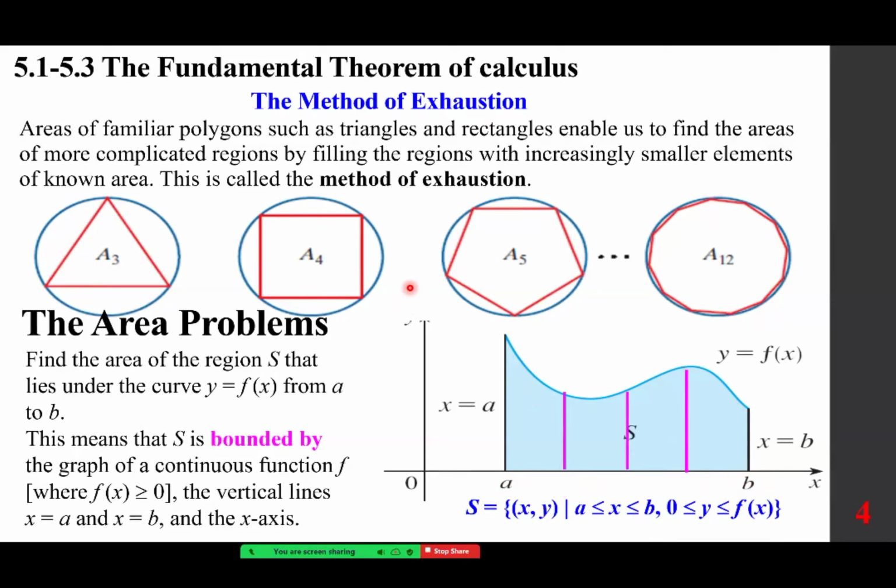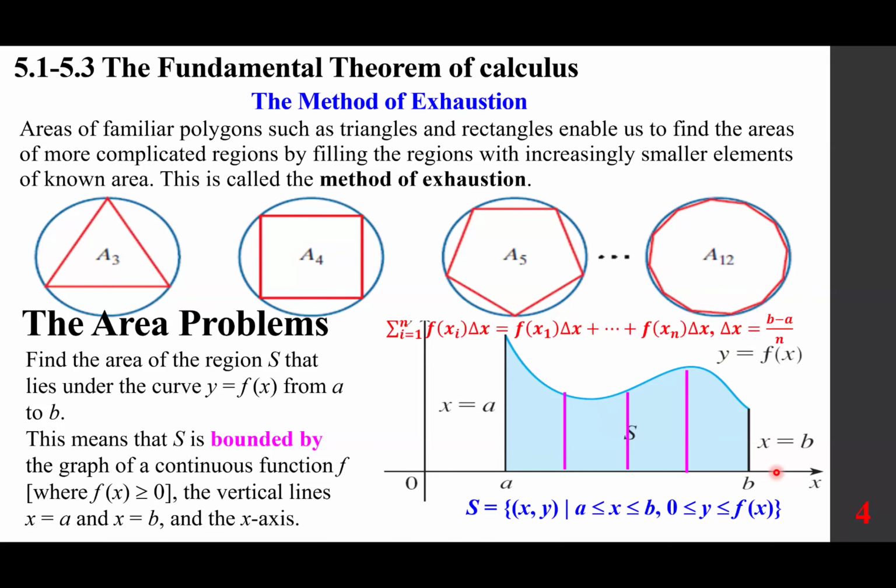For example, if I cut this into 4 pieces, and I want to have equal width because it makes it easier to deal with, this width would be b minus a divided by 4. In general, it would be b minus a divided by n. So this distance is delta x, everybody.